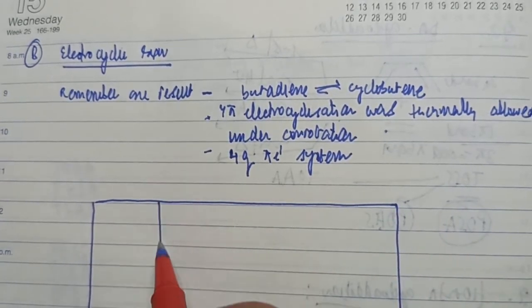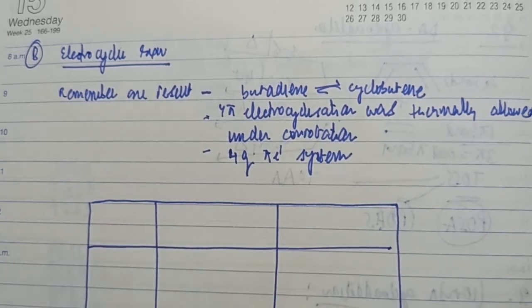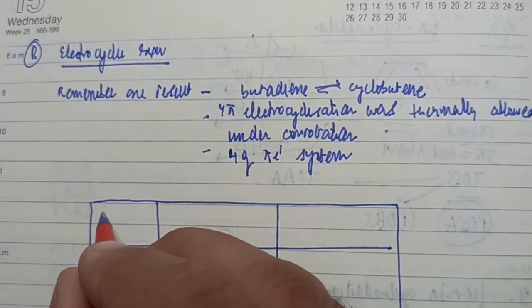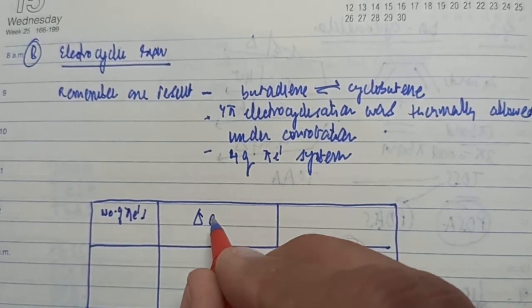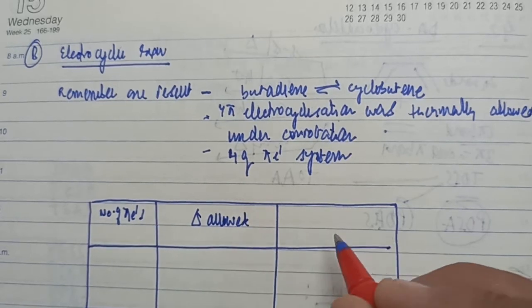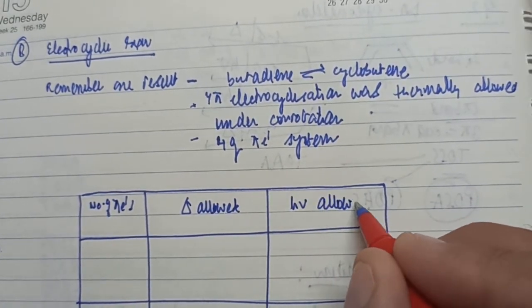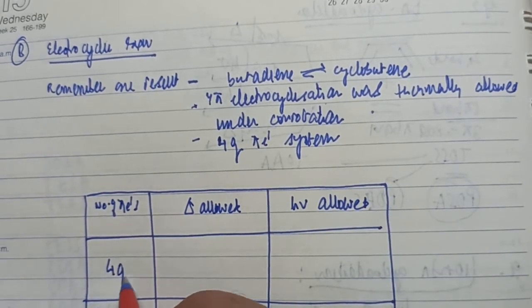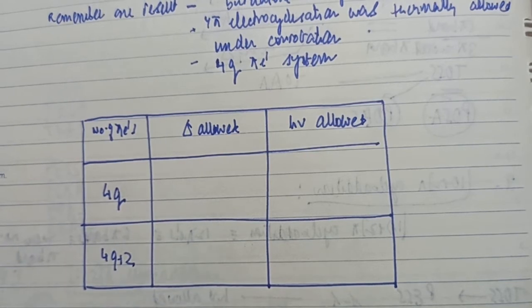While drawing the selection table, create 3 columns and 3 rows. The first would be number of pi electrons, thermally allowed or photochemically allowed. Here you will have 4q system, and here you will have 4q plus 2 pi system.